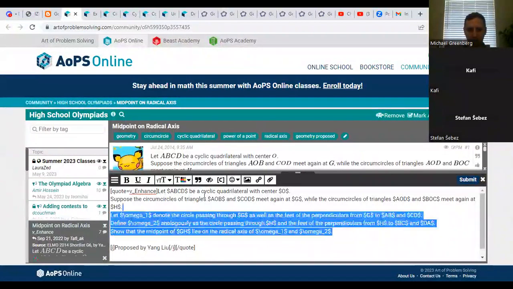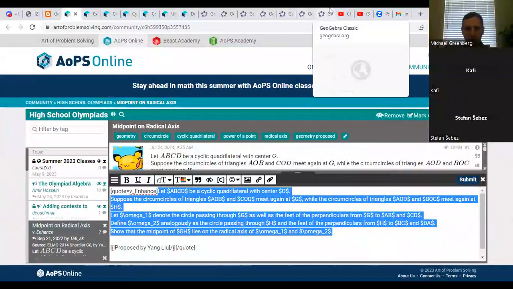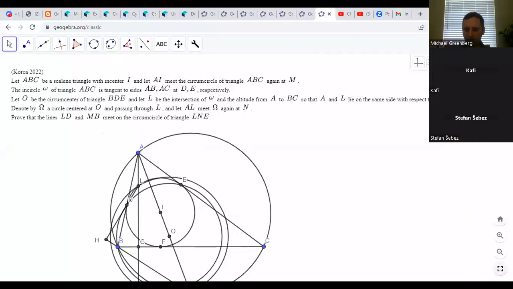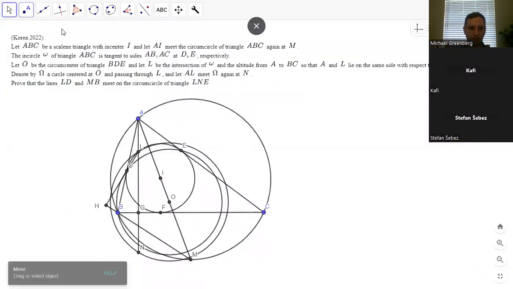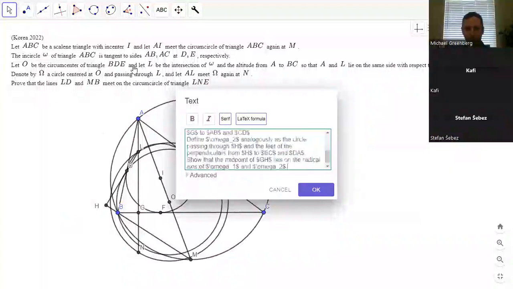So we have a cyclic quadrilateral. All right, let me delete the diagram here and put the problem in. Forgot what year it is. I'm just going to write ELMO.